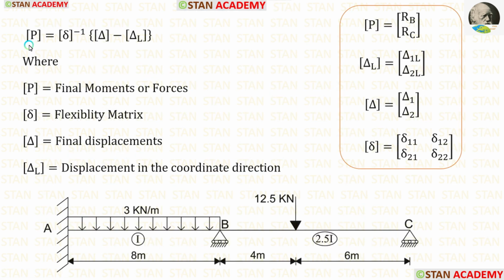Now let us see the formula to find the reactions. P matrix is equal to delta matrix inverse into delta matrix minus delta L matrix.